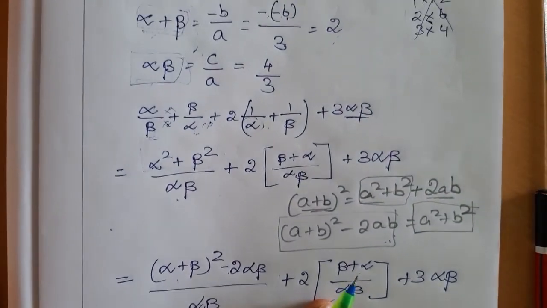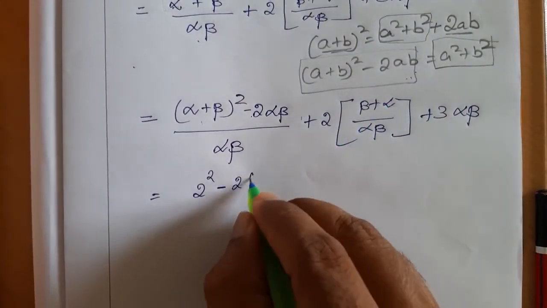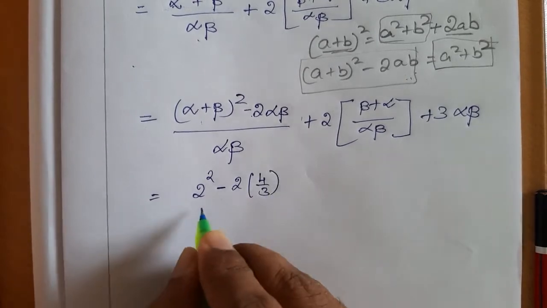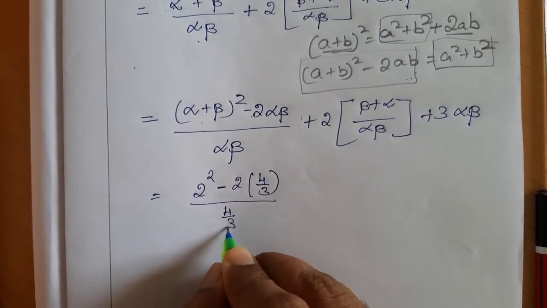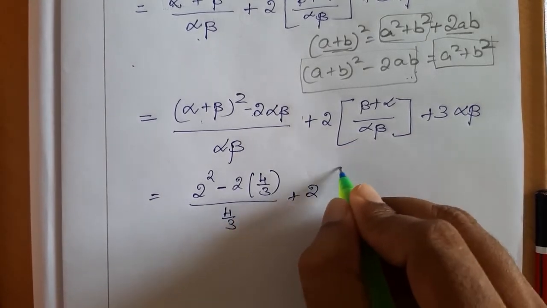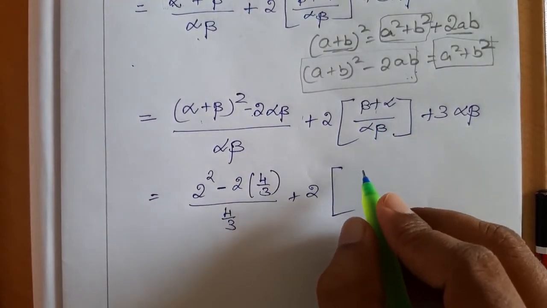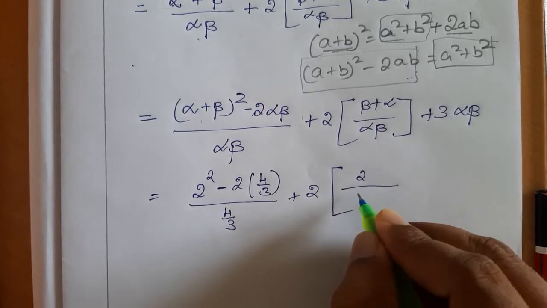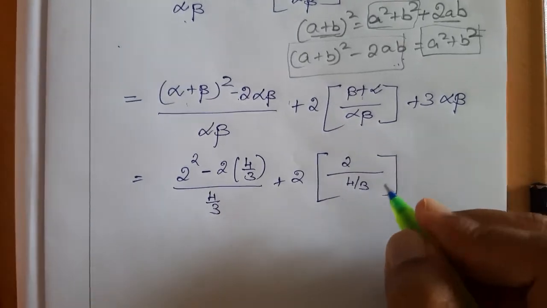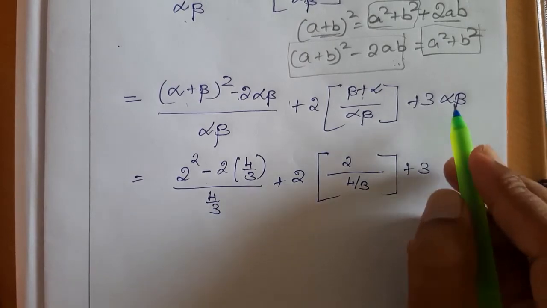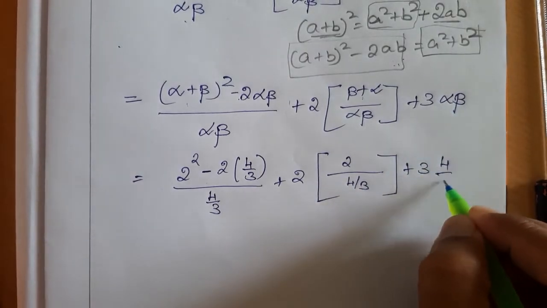Do you remember alpha into beta? 4 by 3. 2 into 4 by 3, the whole divided by alpha into beta, which is 4 by 3, plus 2 into alpha plus beta, which is 2, over alpha into beta, which is 4 by 3. Next plus 3 into alpha into beta, which is 4 by 3.